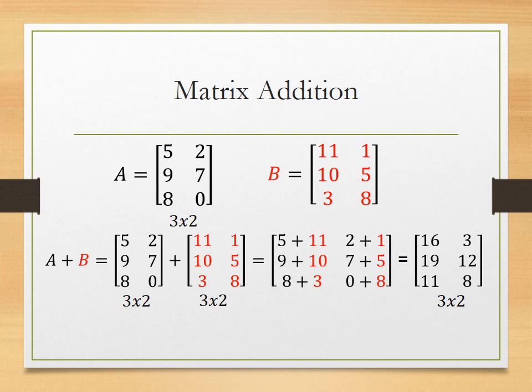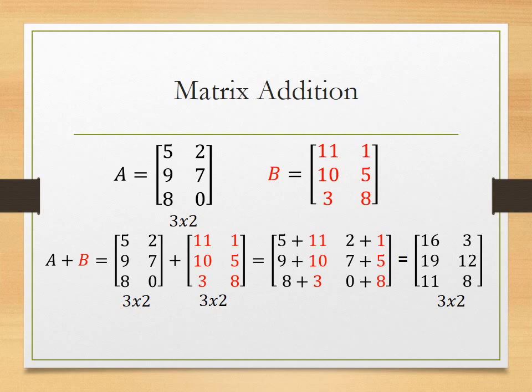We want to take the corresponding elements, what's in the first row, first column, and add them together. So A is 5, B is 11. The resulting matrix will be 5 plus 11. A is 2, B is 1. Resulting matrix will be 2 plus 1. Okay, so let me keep going.